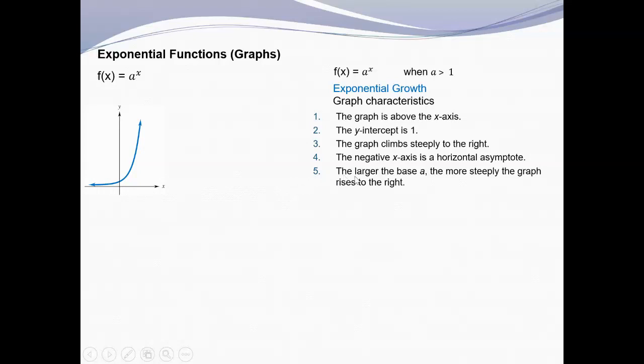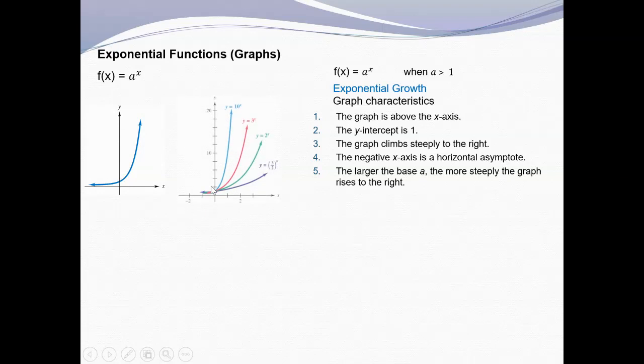Okay. The larger the base a, the more steeply the graph rises. For example, if this was f of x equals 2 to the x power, more or less, that'll be the graph. The bigger the a, the graph will be something like this. It gets closer and closer to the y-axis. The bigger the a, the closer it gets to the y-axis.